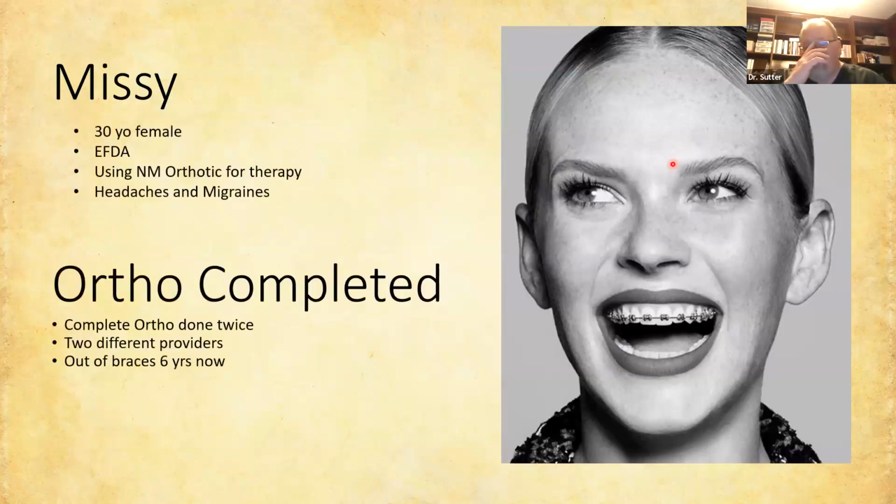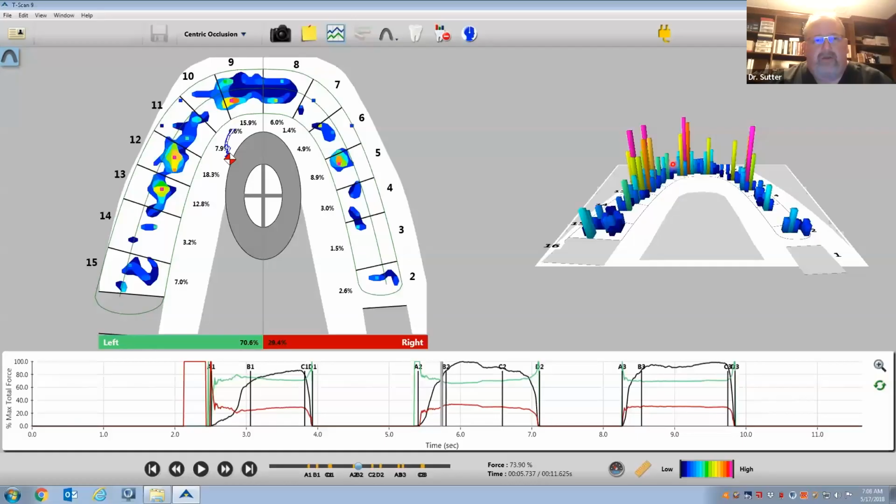So here's another ortho case, picking on the orthodontist today, or if you're a GP doing ortho, you know, it looks good, but if you were doing the ortho in this case with a 70-30 distribution of force high in the anterior, are you happy with that case? When you go home at night, do you sleep well? Or are you worried about some of the things that she was complaining about?